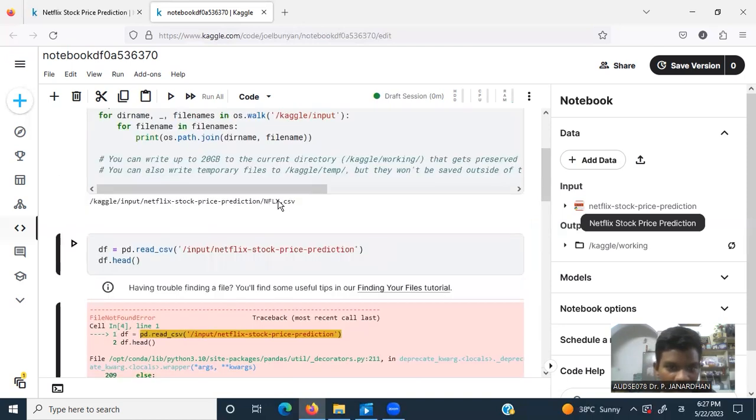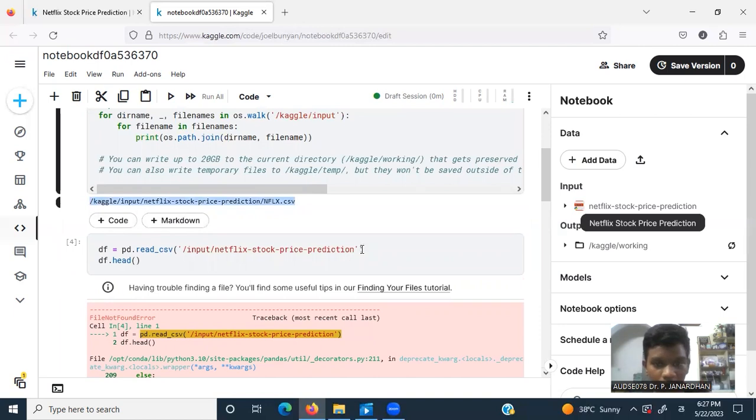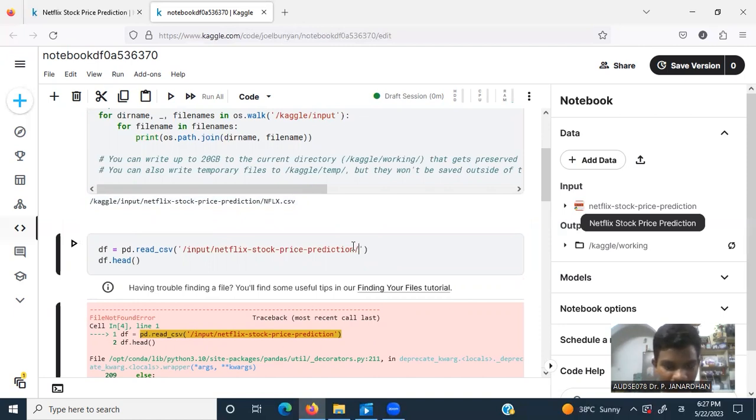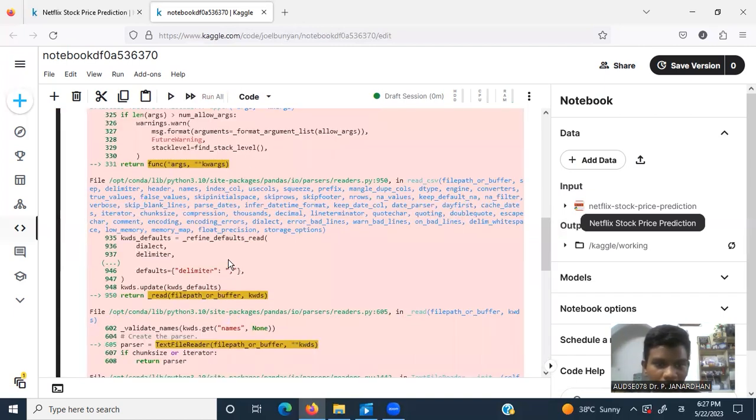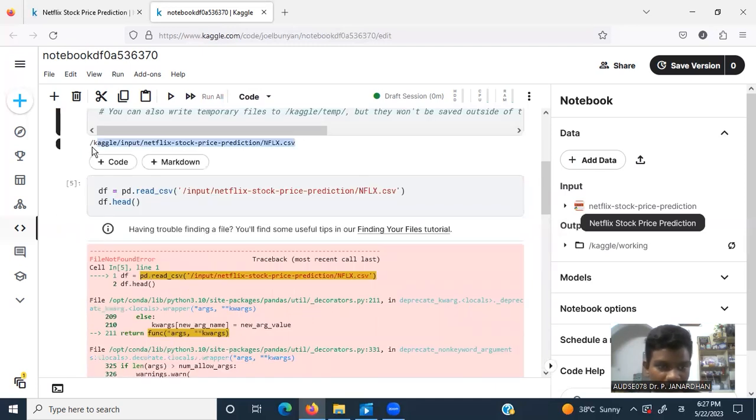Okay, there is no file. Why is that? Oh, I think I should put .csv here. No, sorry. /nflx.csv. I forgot to put that. I'll just copy this again.